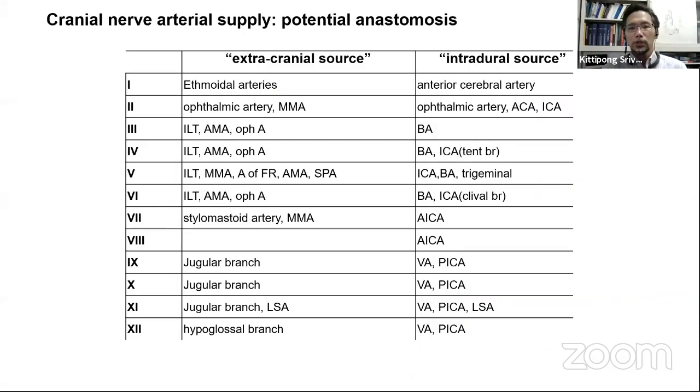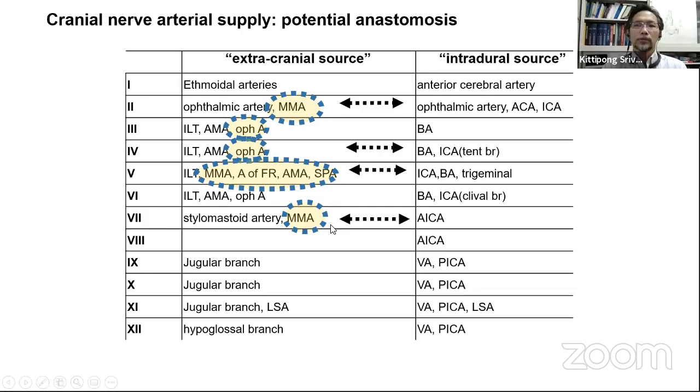Okay, you put it into a chart like this, it's maybe easier to memorize, but to put into practice, you have to be able to read the images. So there's a lot of information in here, but these are the vessels that people usually go into and try to do something like embolize, like maybe the middle meningeal artery. So we will focus on some of these important vessels.